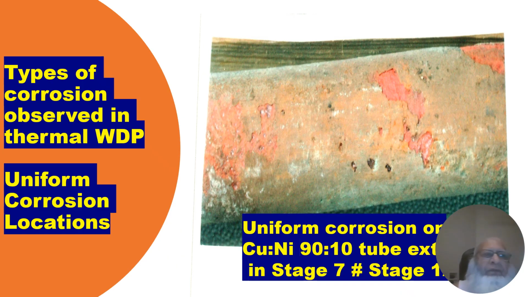This slide shows the types of corrosion observed in thermal water desalination plants, a uniform corrosion location. It's a continuation of the previous slide, where the uniform corrosion was observed on copper nickel 90/10 tube externals in stage 7 to stage 12.